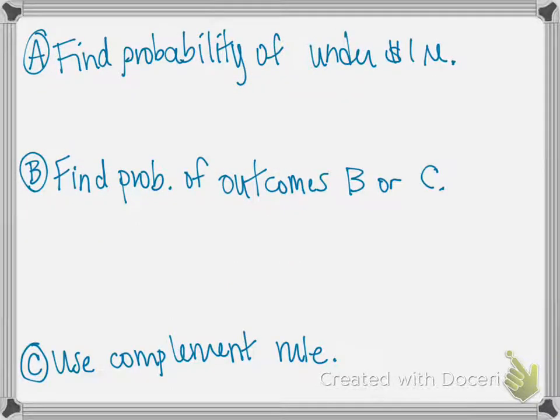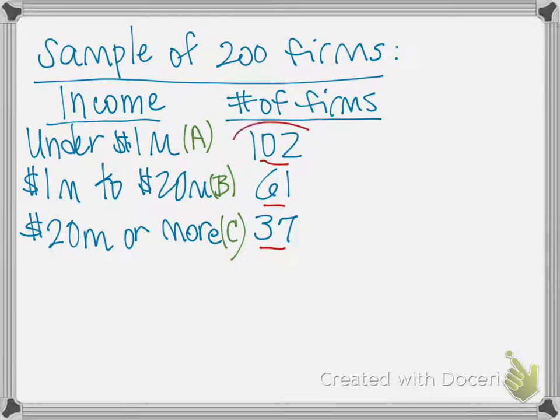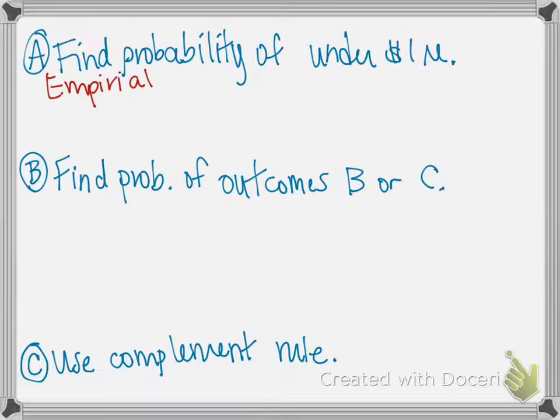So first, I'm just going to use what's actually a very basic probability approach called the empirical approach. Let me write this word down here so you understand what I mean. So I'm going to use the empirical approach to find the probability that a firm that's randomly selected from our sample would be one of those that earns under $1 million, which was outcome A. And to do the empirical, you just take the number that's possible, so there's 102 that earn less than $1 million, and you divide by the total, which was 200.